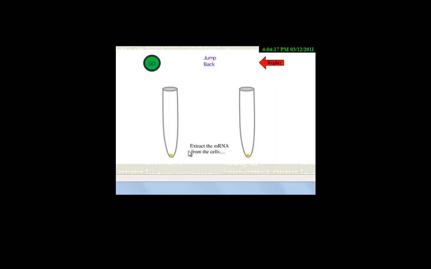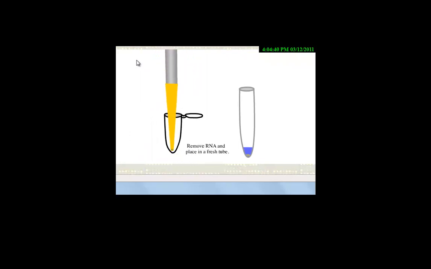From that pellet, we are going to extract the mRNA with the help of mRNA extraction buffer. Now, RNA is floating in the extraction buffer. Then, remove the RNA and place it in a fresh tube.